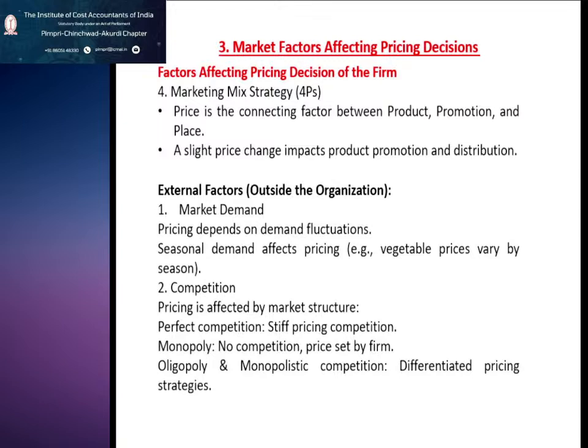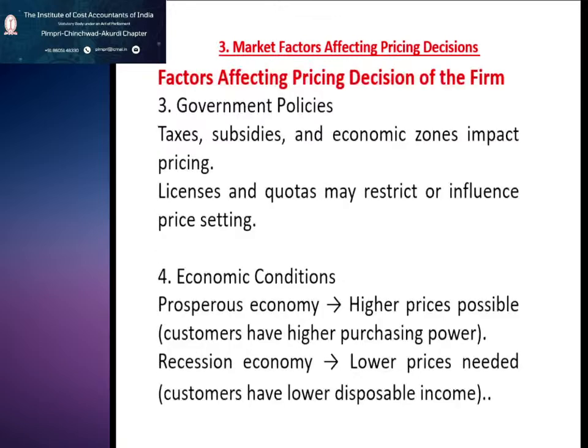External factors are typically outside the organization. Market demand is the key most external factor. Then competition obviously is an external factor which affects pricing decisions. The third category is government policies that drive the pricing decision for a particular firm, and the telecom sector is the classic example of government policies driving pricing.